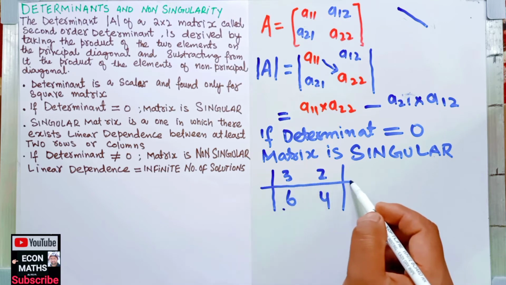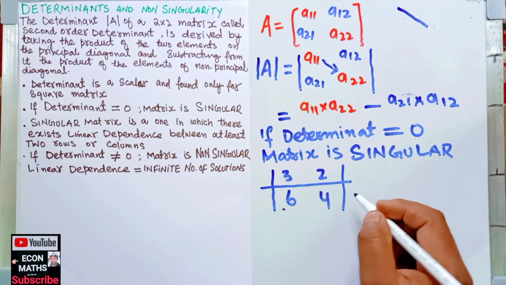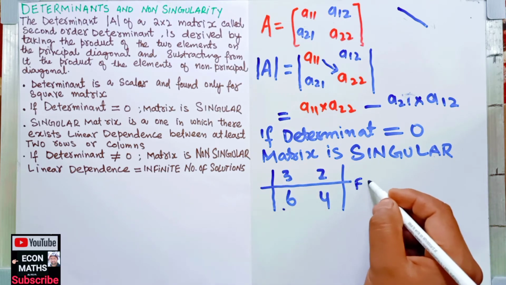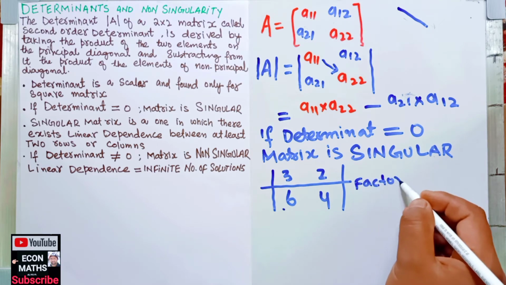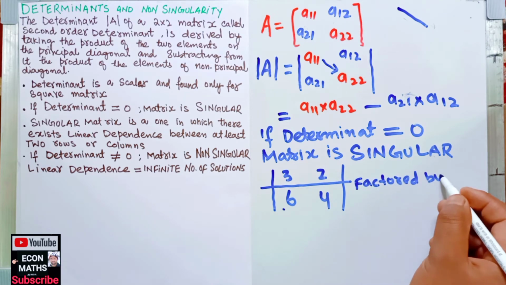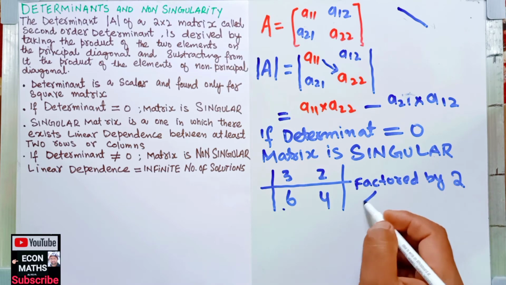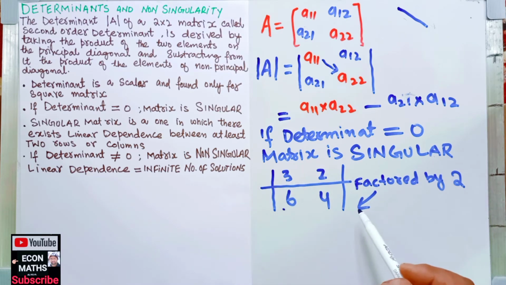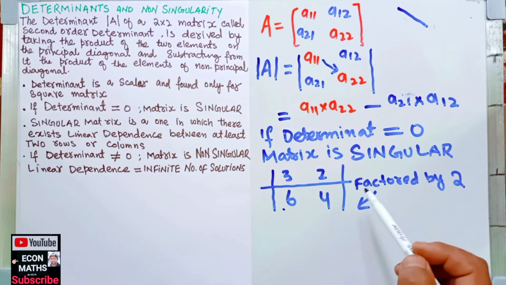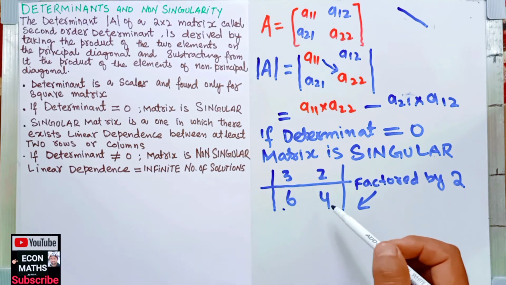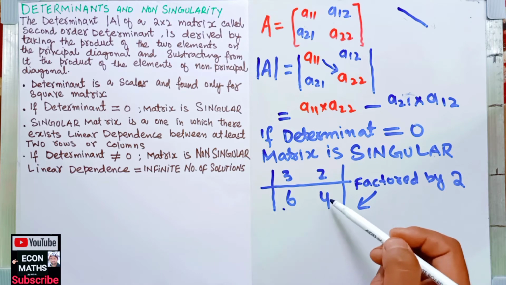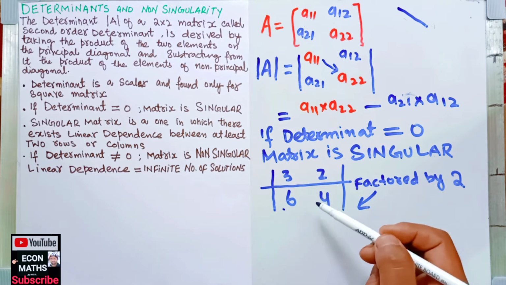There is a linear dependence, because here the factor is the same. These are scaled by 2. So this matrix is a singular matrix, because 6 and 4 are scaled by the number 2.